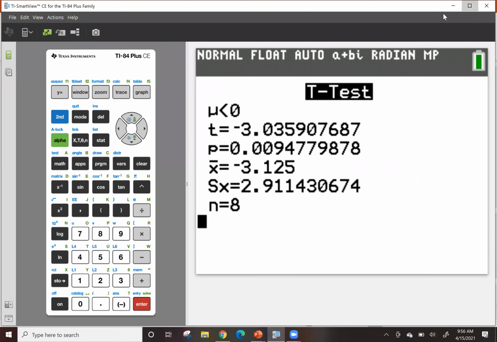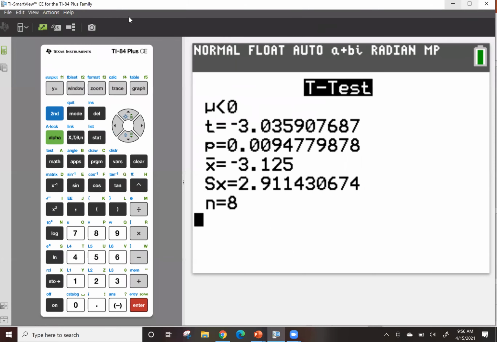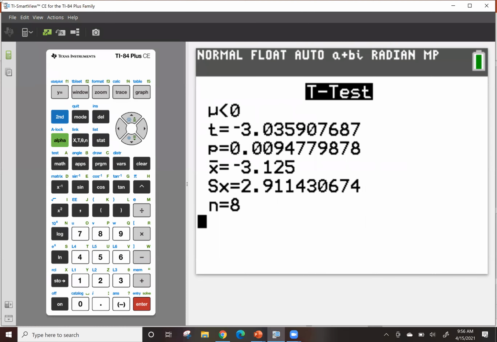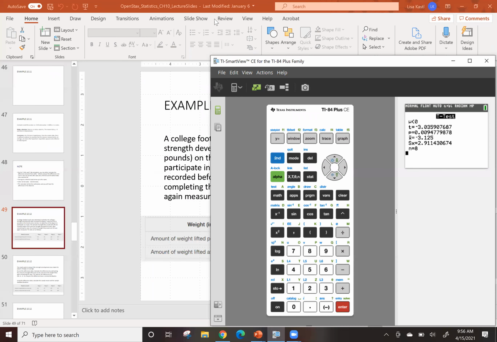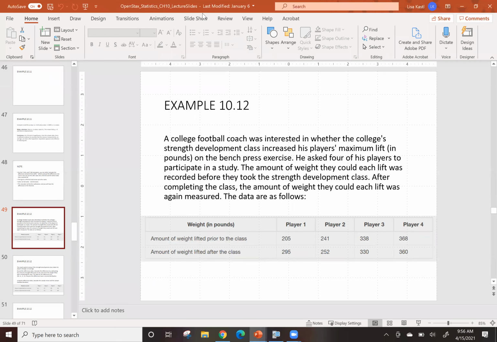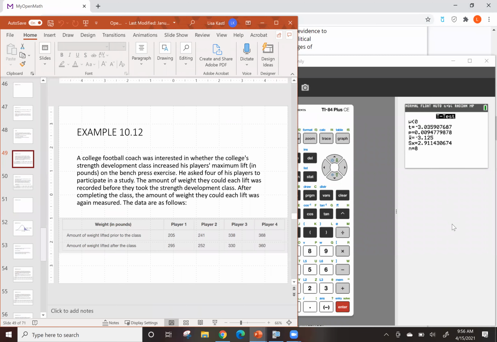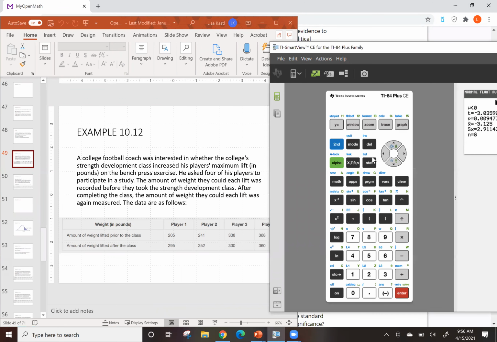Let's see if I can do this where I can see both of them at the same time. Okay, so I am going to clear out my 2 lists.